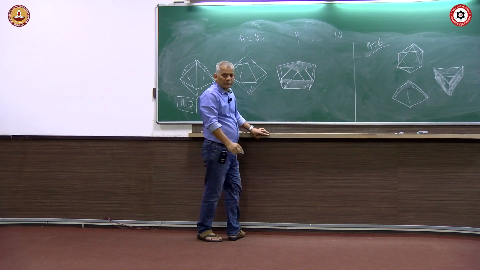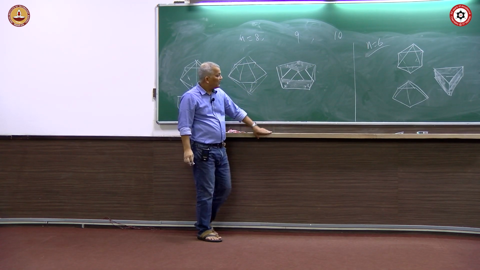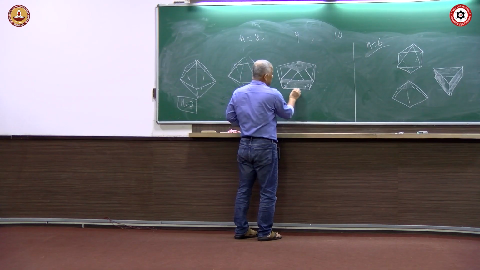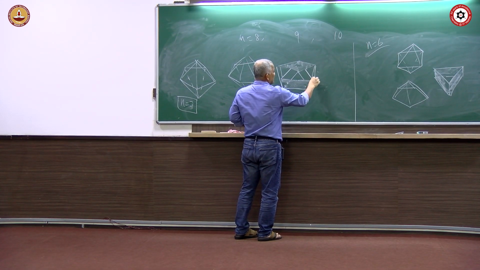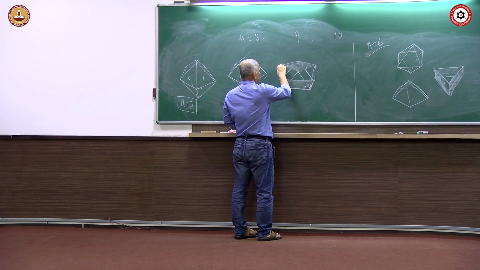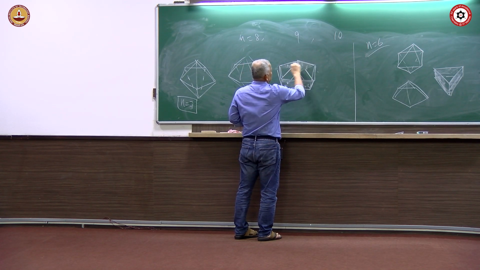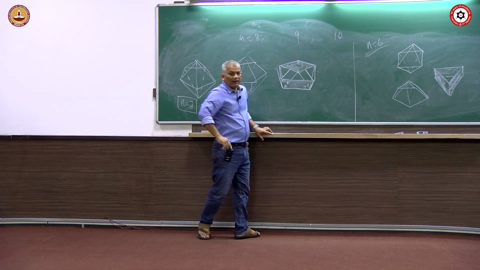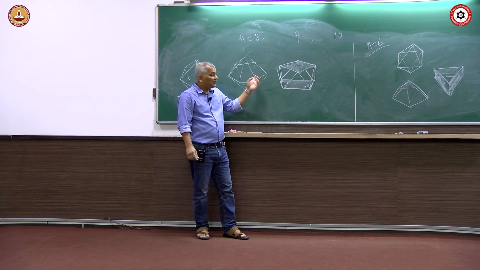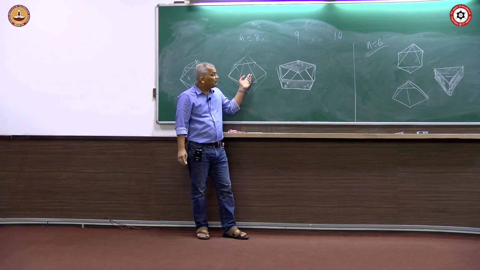So this is called square antiprism, in which you have n equal to 8. Square antiprism and your bicapped hexagonal pyramid.